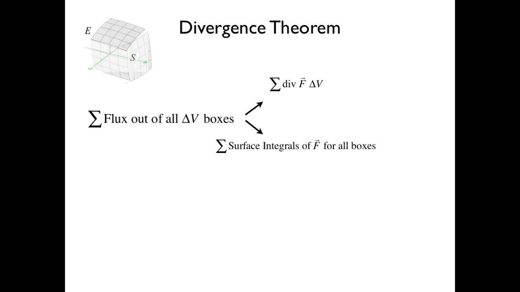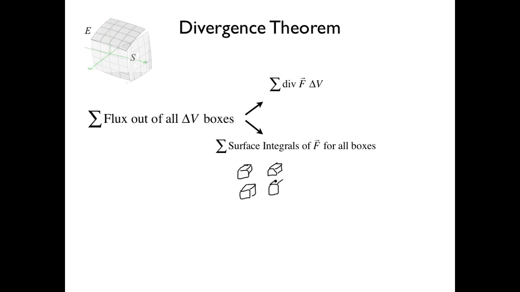But that's also what? You can think of those as surface integrals. So I can individually do the flux out of every box this way. But each of those fluxes is surface integrals. And so I've got all these boxes butted up against each other. And I'm going to do the surface integrals of all of them and add them all up.